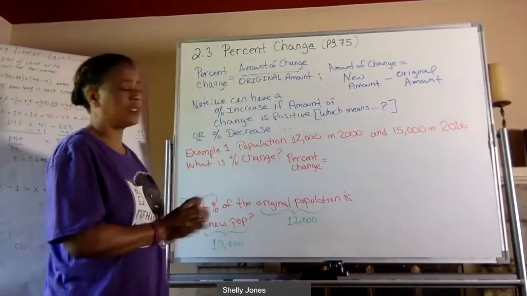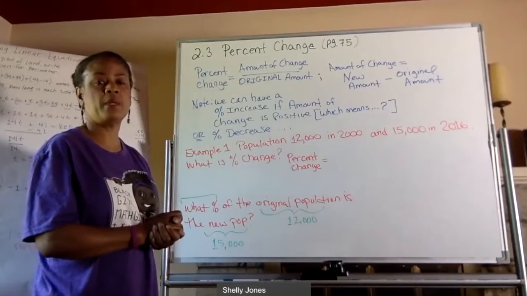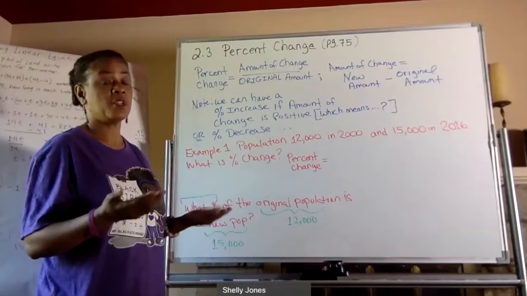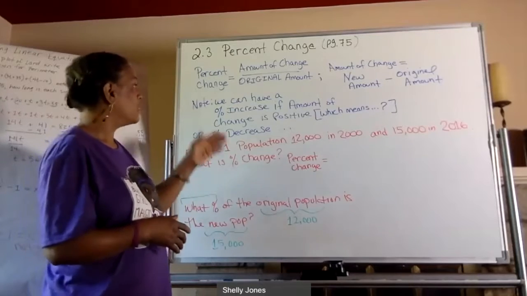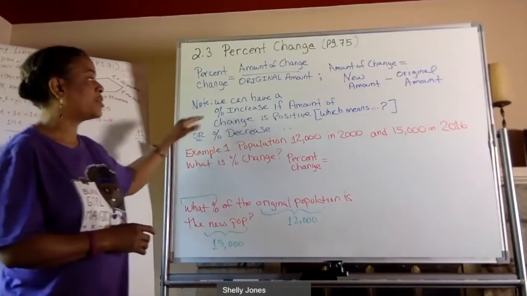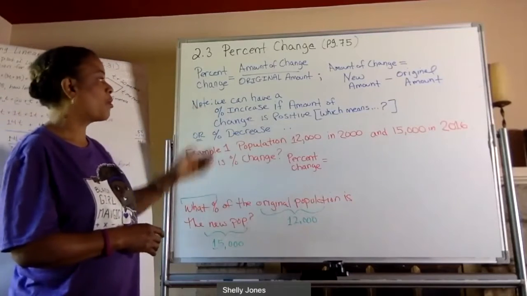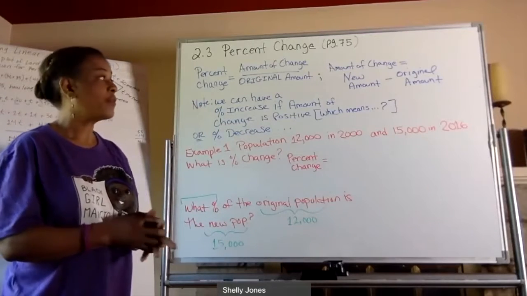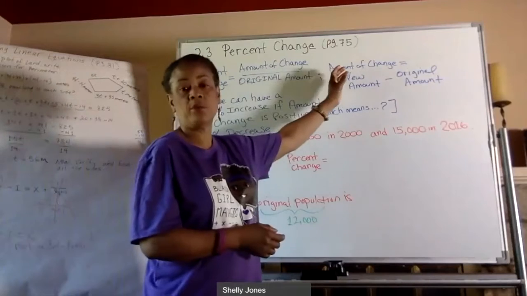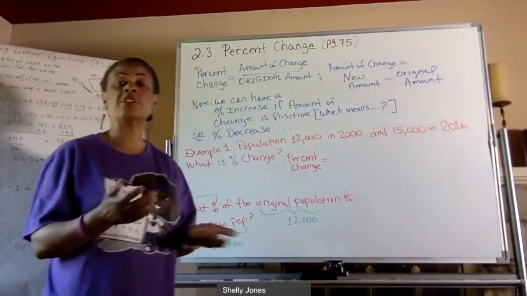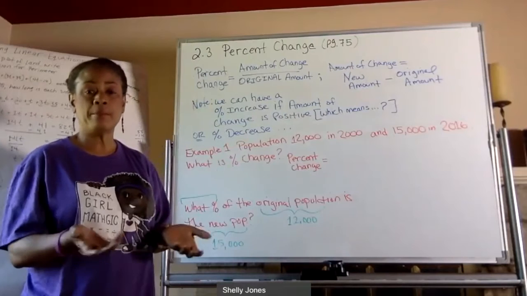Our original amount will always go in the denominator because this way we can see if it is a percent change up or down. We can have a percent increase if the amount of change is positive, or a percent decrease if it's negative. For instance, if our new amount is more than the original amount, we're going to have a percent increase, right? That makes sense.